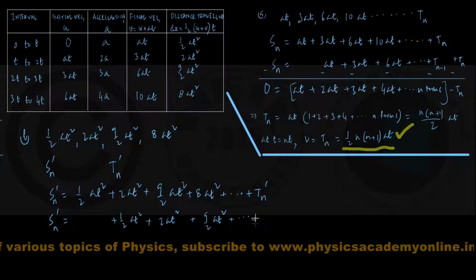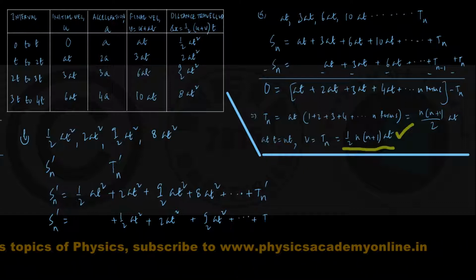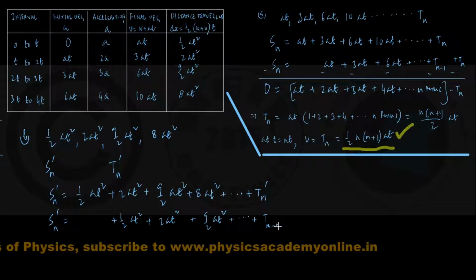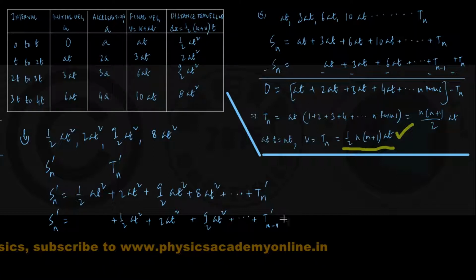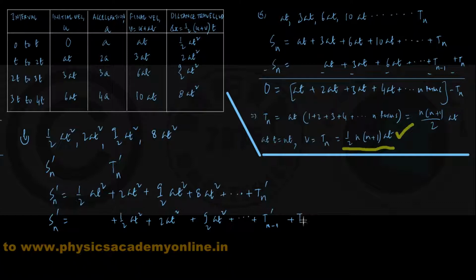And this way, the term before the last, that is the n minus 1th term, is coming below Tn dash, and Tn dash is coming one place further to the right.